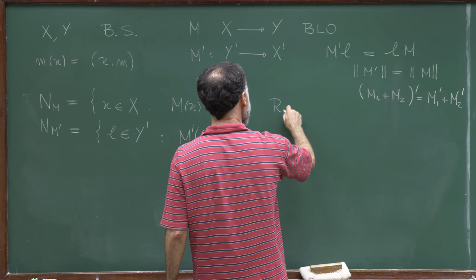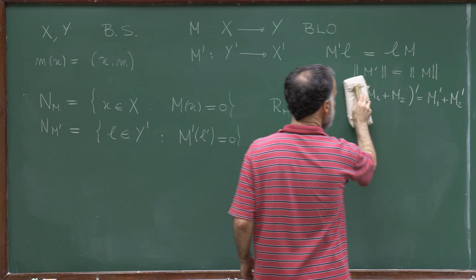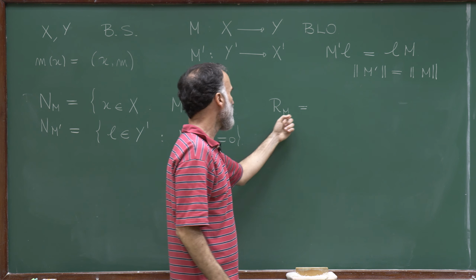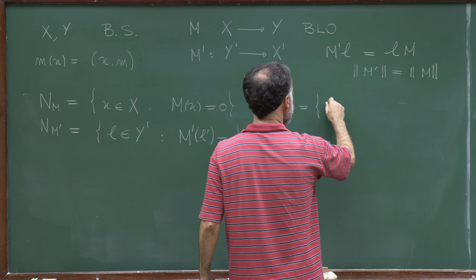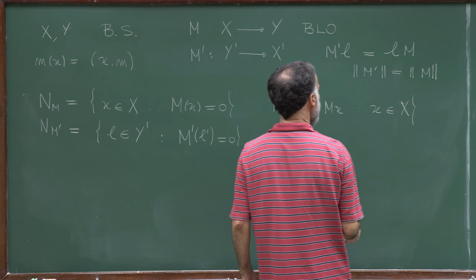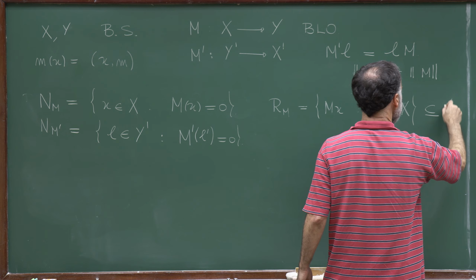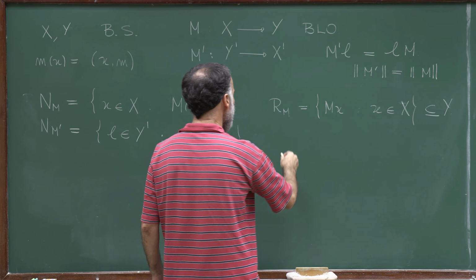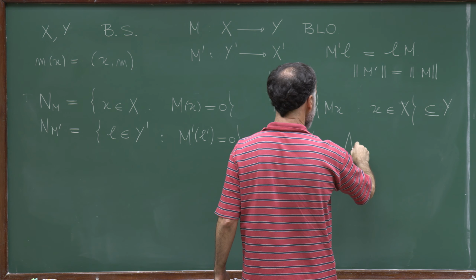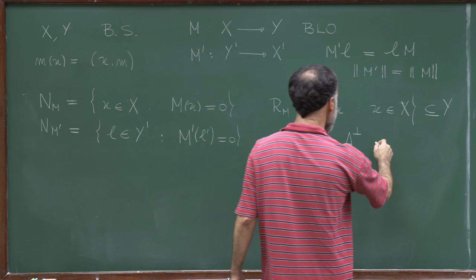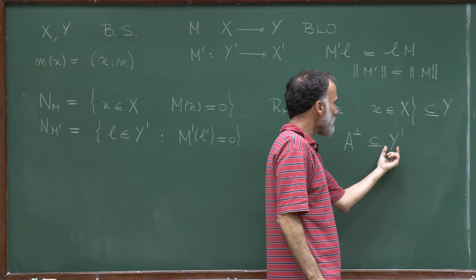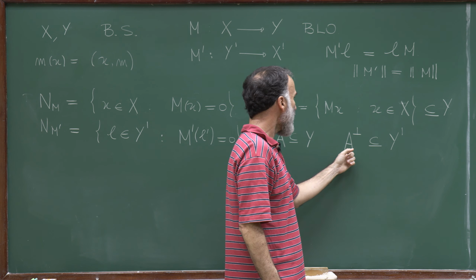And let me recall what the range of m is. The range of m is just all points which are mapped, so all mx such that x belongs to X, and this is therefore a subspace of Y. Now, if I have a linear subspace A of Y, I can define its orthogonal, which is a subspace of Y prime made of all bounded linear functionals defined on Y which send every element of A to 0.